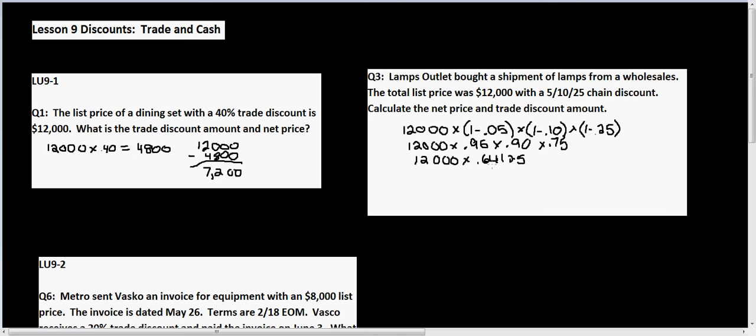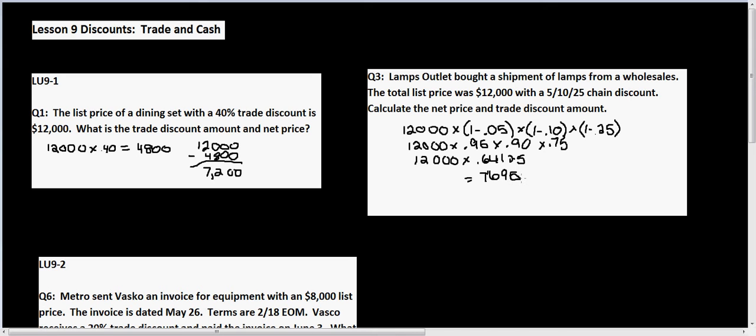That 0.64125 is simply 0.95 times 0.90 times 0.75. So that's going to give us a total of 7,695.